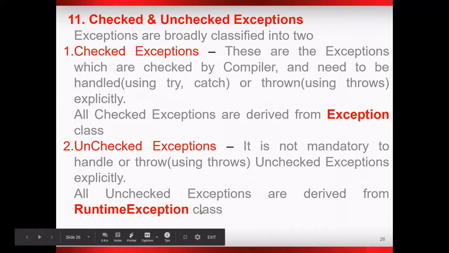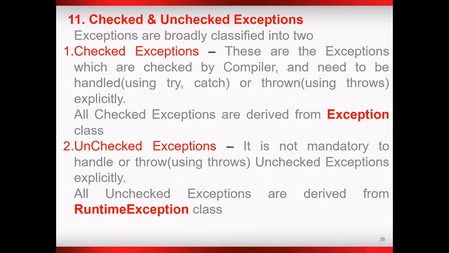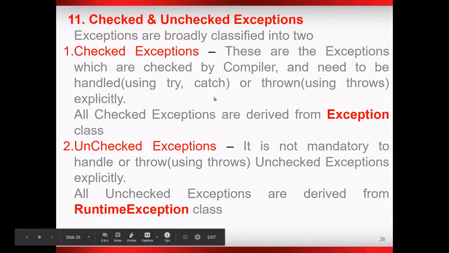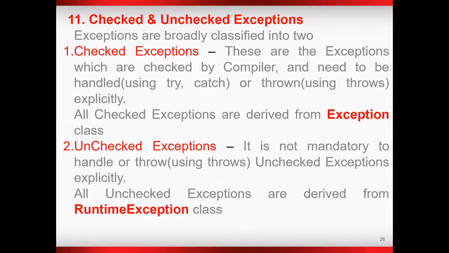So what is the difference? Checked exceptions are recognized by the compiler. Unchecked exceptions are not recognized by the compiler. For checked exceptions, it is mandatory that you either handle them using a try catch or by using the throws keyword for that specific method.